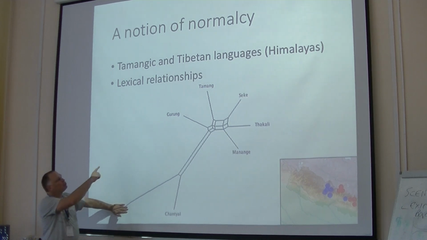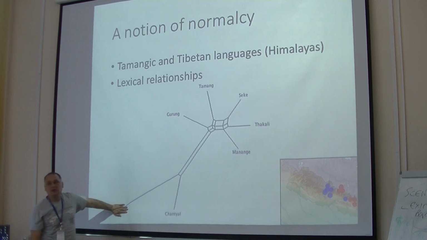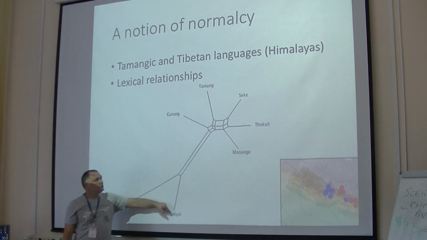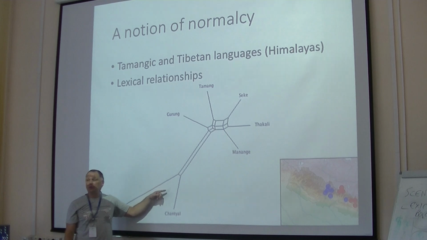The distance between Gurung and Tamang and Seke, Takali and Manange, that distance is what we expect for lexical divergence in this subgroup. And then there's Chantel, which has diverged way too much. We have grounds for suspecting a contact event.